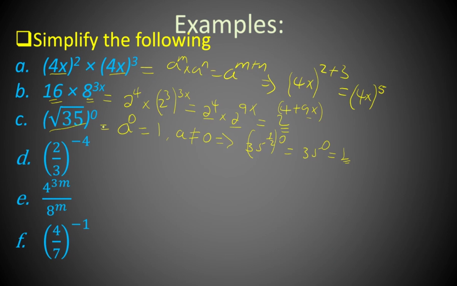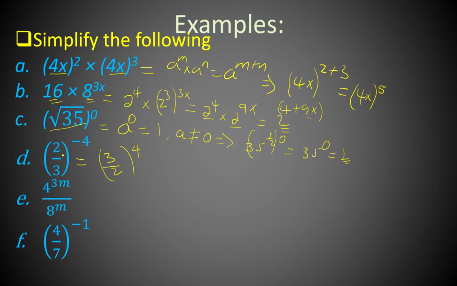Therefore the radical 35 to the power of 0 becomes 1. Since the exponent is negative and the base is a fraction, we can take the reciprocal of this fraction and change the negative exponent to the positive exponent. This can be written as 3 over 2 to the power of 4.